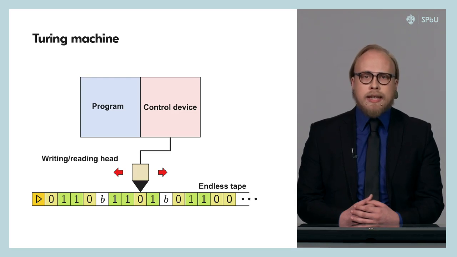Each cell can contain bits of information, that is, zeros and ones. Thus, sequences of cells form the code words, and some cells contain the character B, which denotes a space and with which the code words are separated. In addition, the beginning is sometimes indicated on the tape, as it is done in the picture with the yellow arrow.